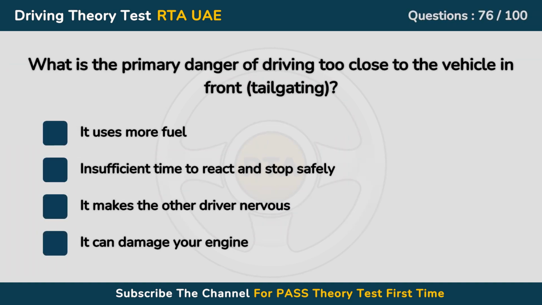Question 76. What is the primary danger of driving too close to the vehicle in front, tailgating? A. It uses more fuel. B. Insufficient time to react and stop safely. C. It makes the other driver nervous. D. It can damage your engine.